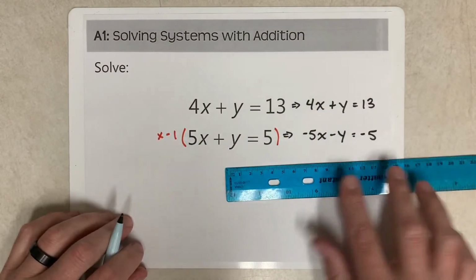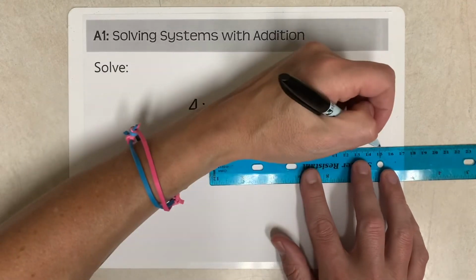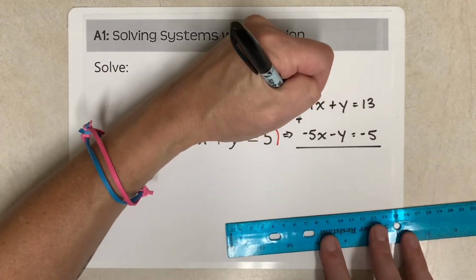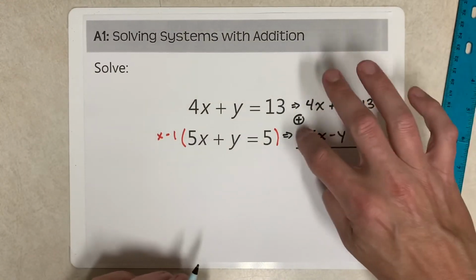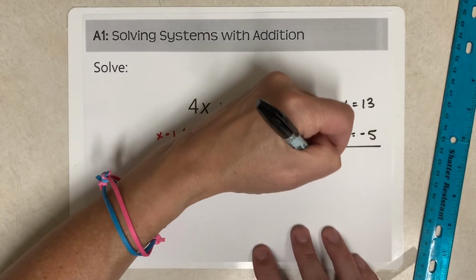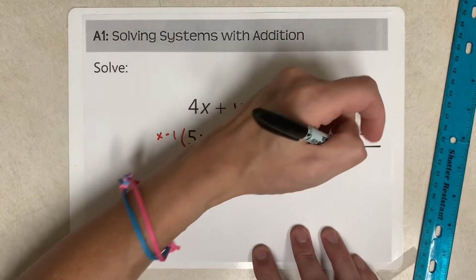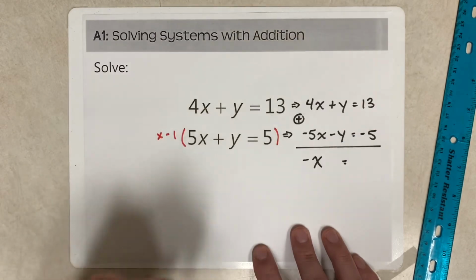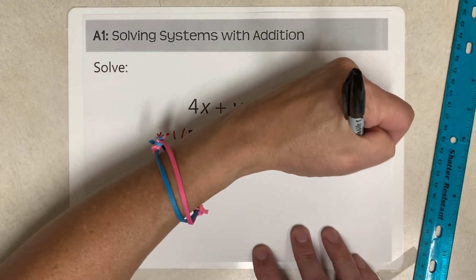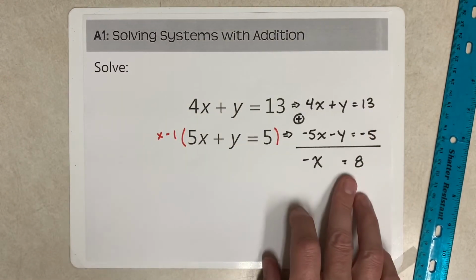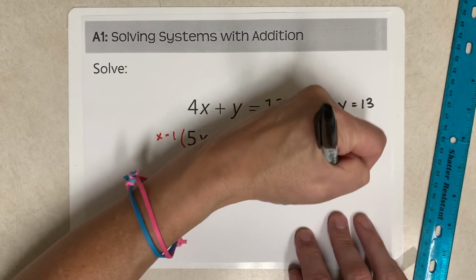We're now going to add those two equations together and see what happens. 4x and -5x make -1x. The y's cancel. 13 and -5 make 8. So if -x is equal to 8, then x is equal to -8.